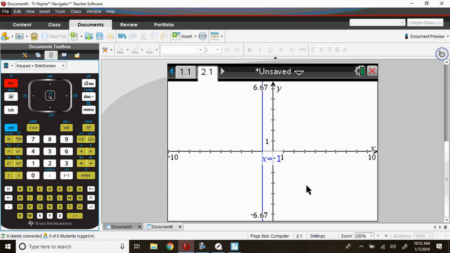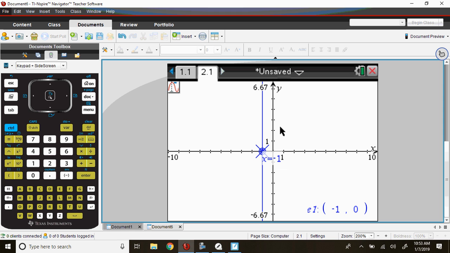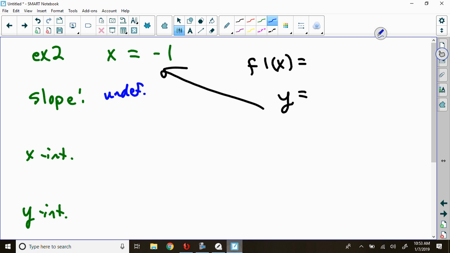Escape out of that. Menu, trace, graph trace. -1, 0. That's my 0, right? My x-intercept. It's kind of interesting. It doesn't call it a 0 here, but it is the value of x when y is 0, -1, 0.